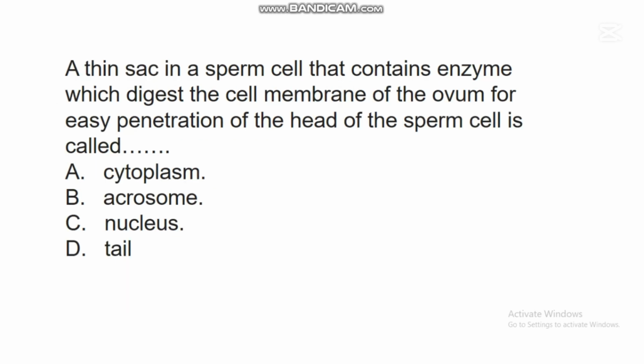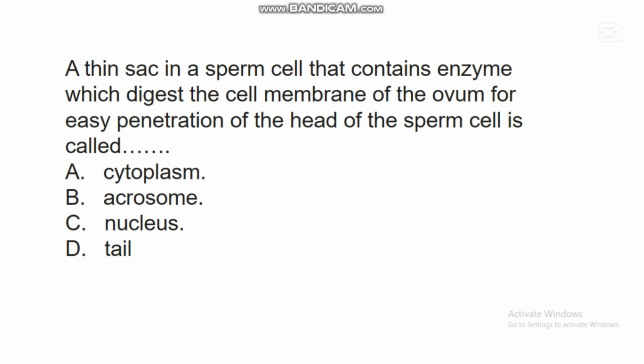The next question says, a thin sac in a sperm cell that contains enzyme which digests the cell membrane of the ovum for easy penetration of the head of the sperm cell is called dash. A. Cytoplasm, B. Acrosome, C. Nucleus, D. Tail.